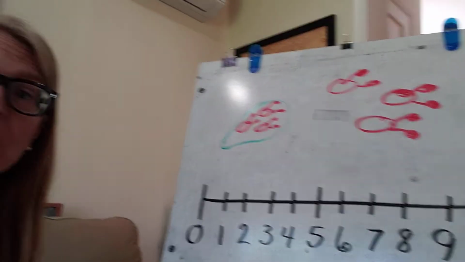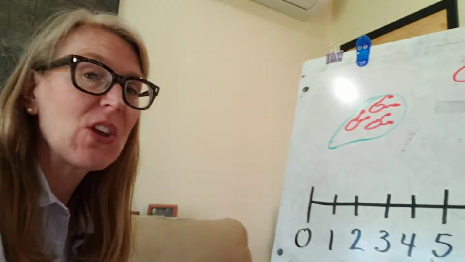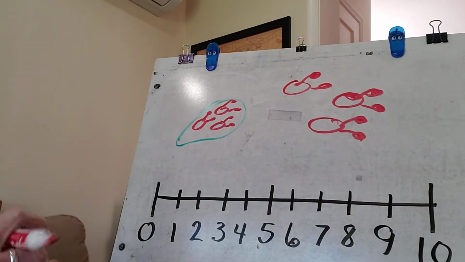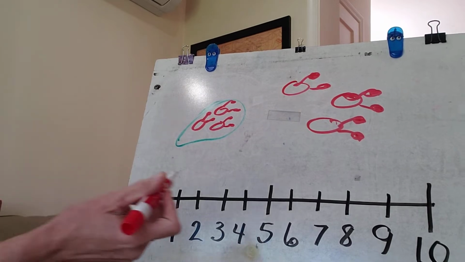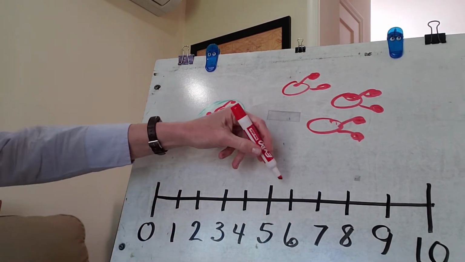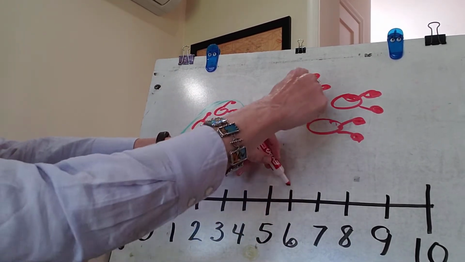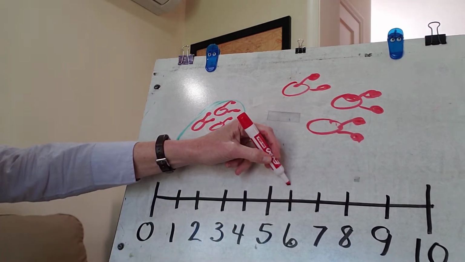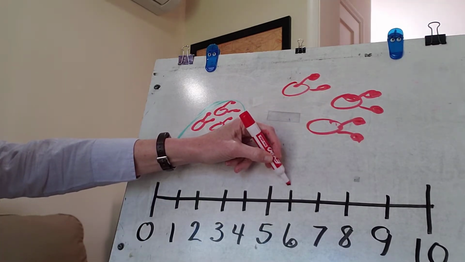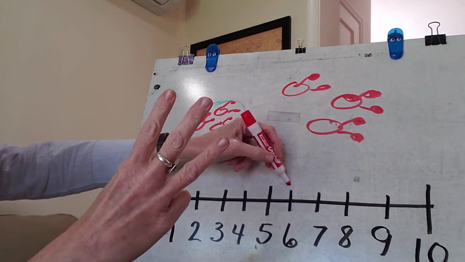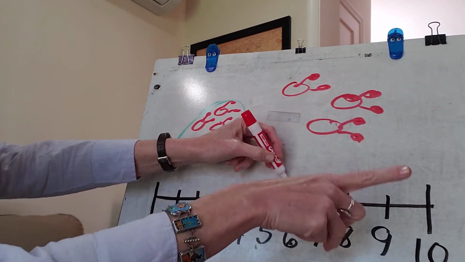I have that bigger number. I have 6 ladybugs. So I'm going to start at the 6 on my number line. I'm going to start right here at number 6. How many ladybugs fly away? 3 of them. So I have to take 3 hops, but I'm not going forward.